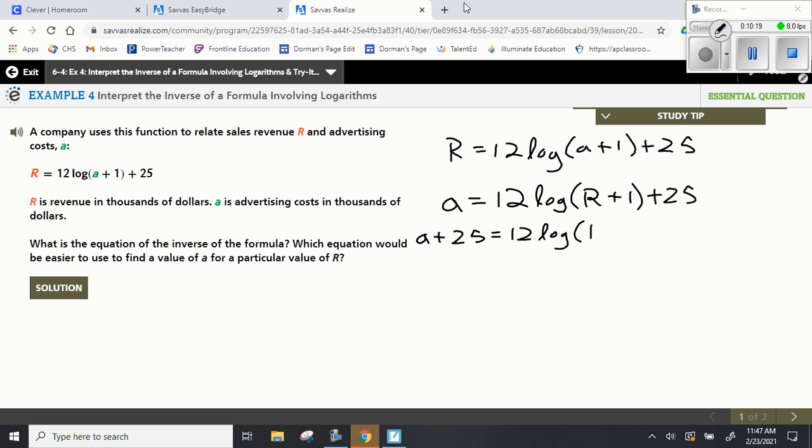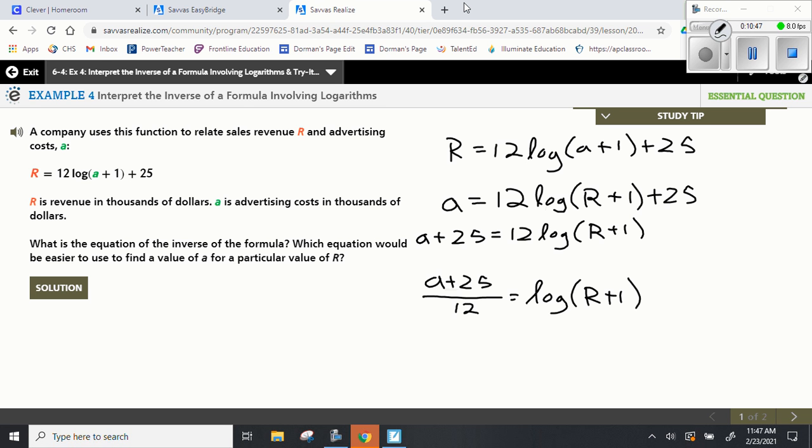And now let's divide both sides by 12 to get rid of this 12 here. So that's going to give me A minus 25 over 12 equals log base 10 of R plus 1. And now that we have the logarithm all by itself, let's write it as an exponential expression.